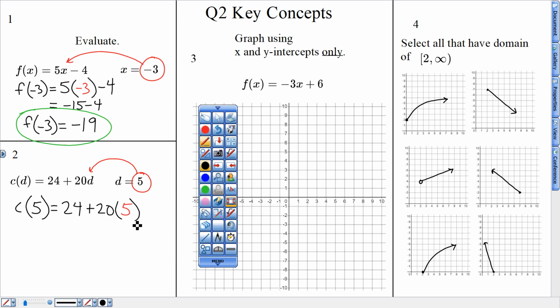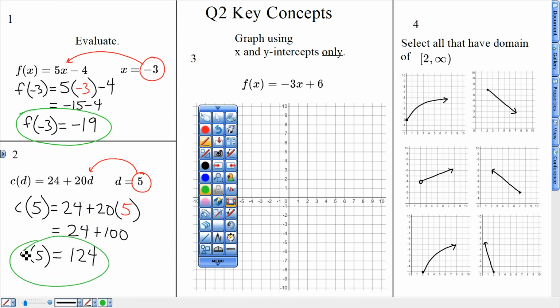And for this problem, I leave that 24 alone. Never would I add that in first. I do the timesing first and get 100. And then that tells me that C of 5, or when D is 5, I get 124 following order of operations. So be careful. Looks like some of you plussed before you times. Never do that.